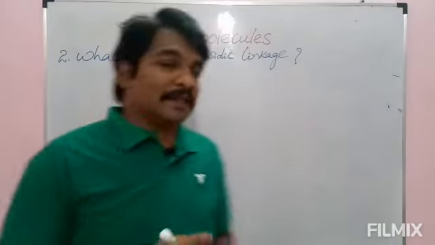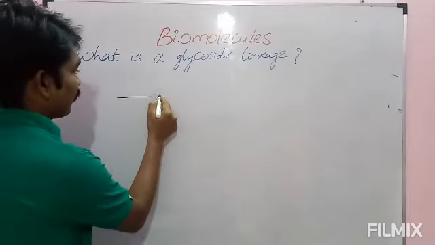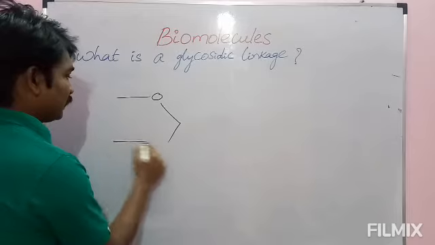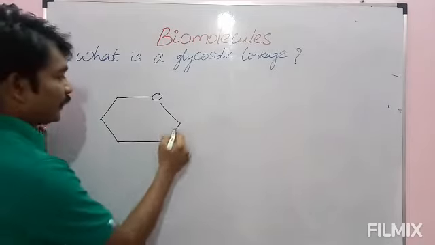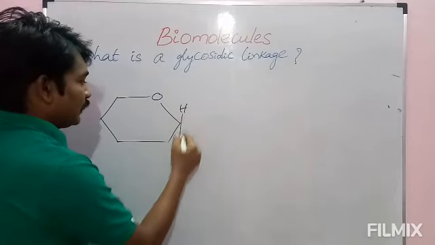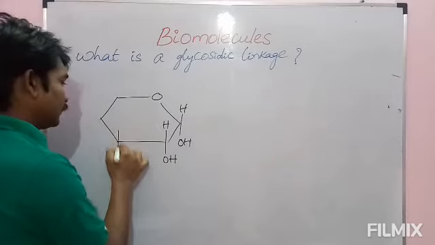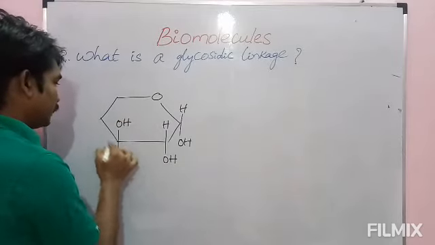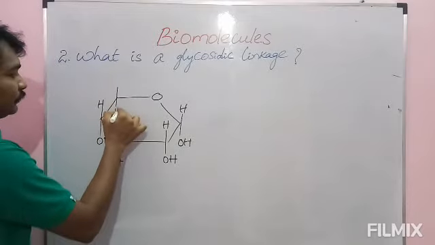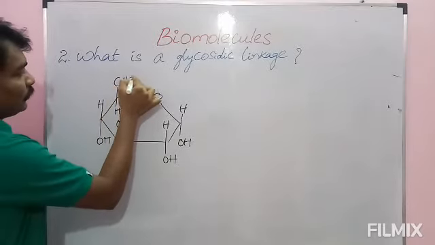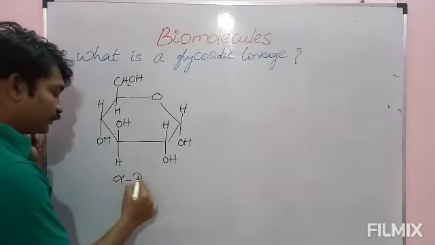If we take two molecules of alpha D-glucose, HOH, OHH, HOH, CH2OH. This is alpha D-glucose.